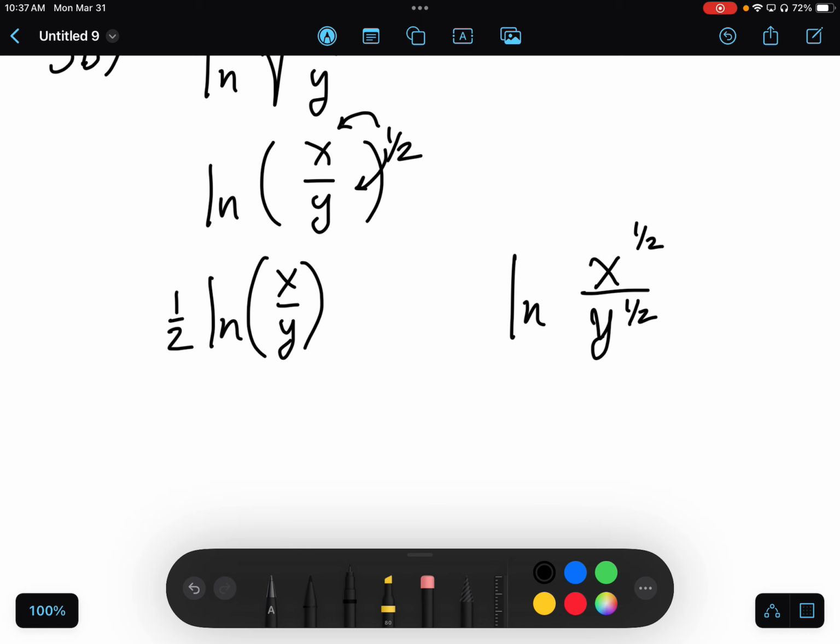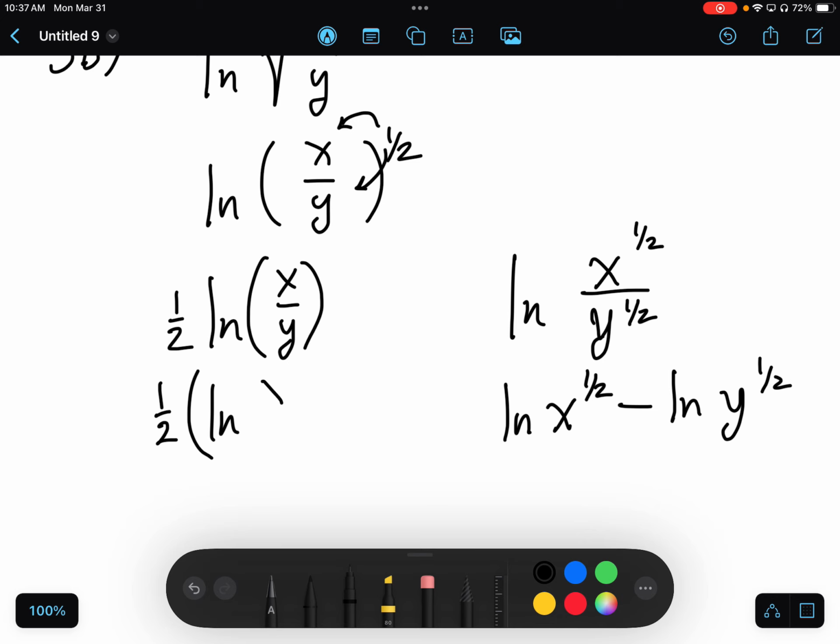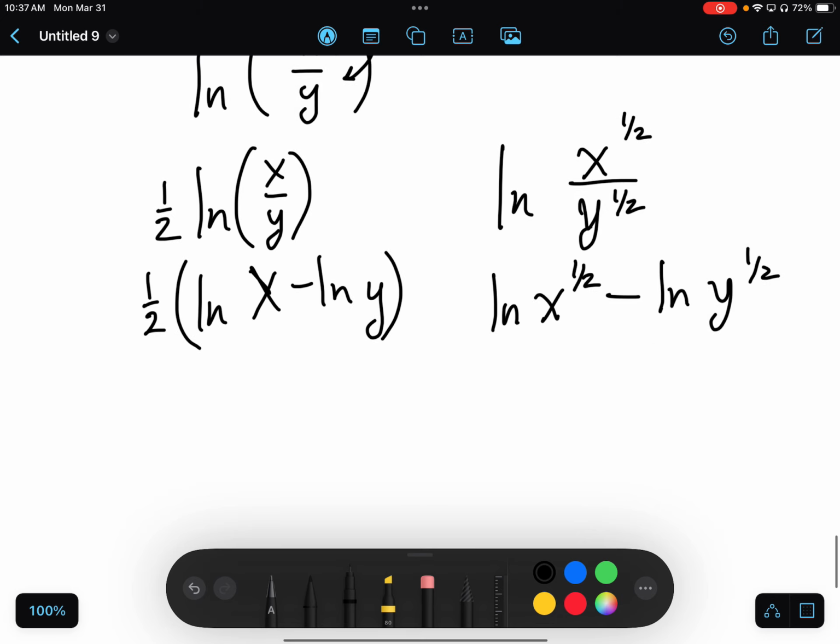Now, how do I split division? Subtraction. So when I subtract this, I get the ln of x to the half minus the ln of y to the half. Over here, I have 1/2 ln of x minus the ln of y. So notice the difference right now.